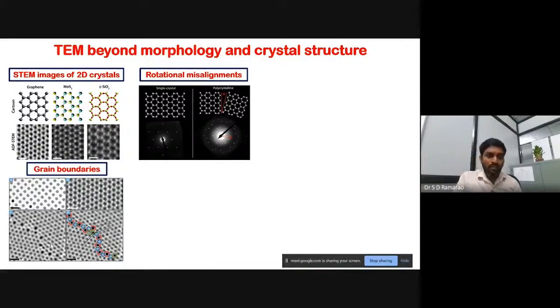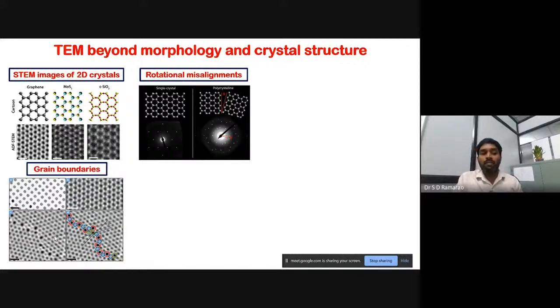Whereas if you see this one, you have some joint right here. You have one grain of graphene here and another grain here, and both are overlapping. So you have a grain boundary which is separating these two grains, which is clearly reflected here.